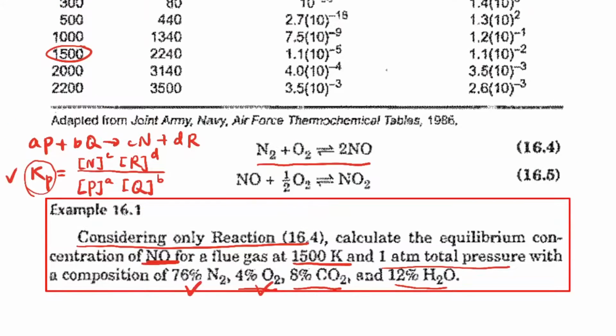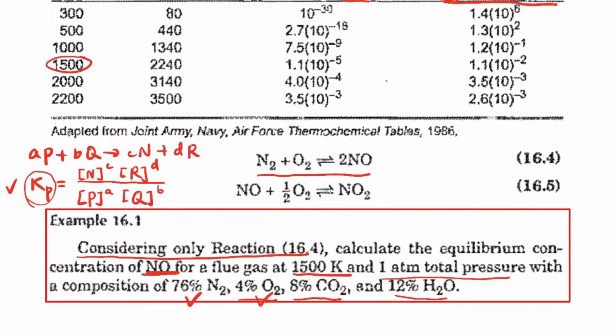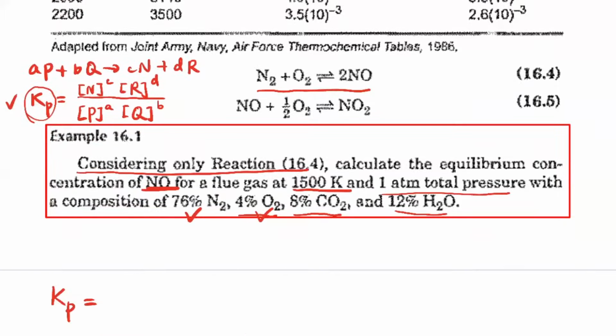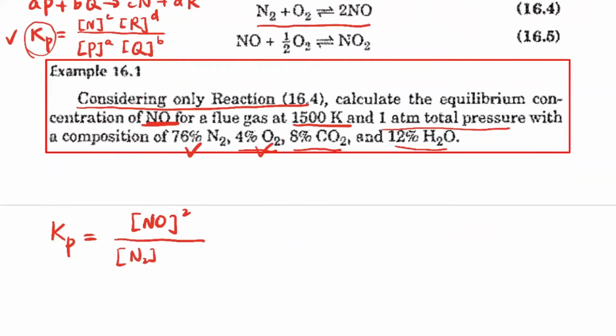If we list out the equilibrium constant of this reaction, Kp is equal to the nitrogen monoxide concentration to the power of 2, divided by the nitrogen concentration, and then divided by the oxygen concentration.